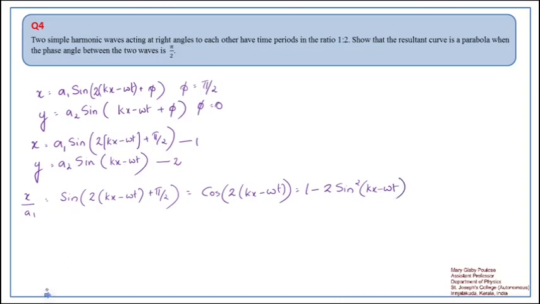Okay. Now we have this expression, y equal to a2 sine of kx minus omega t. So sine of kx minus omega t can be substituted into this equation, giving x by a1 is equal to 1 minus 2 times y square by a2 square. Right. Now we have a relation between x and y.